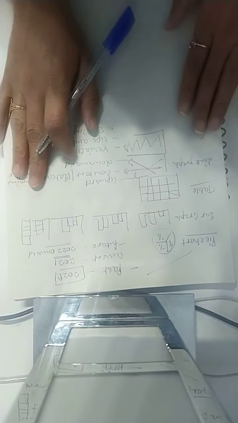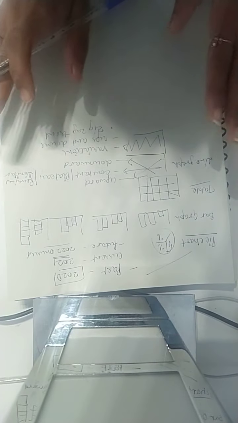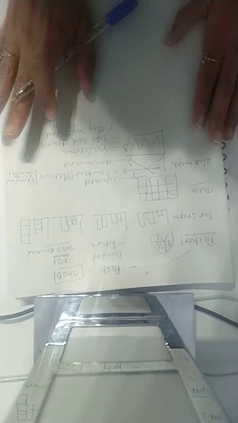So sometimes we get different years for these 4 types of pictorial graphs.